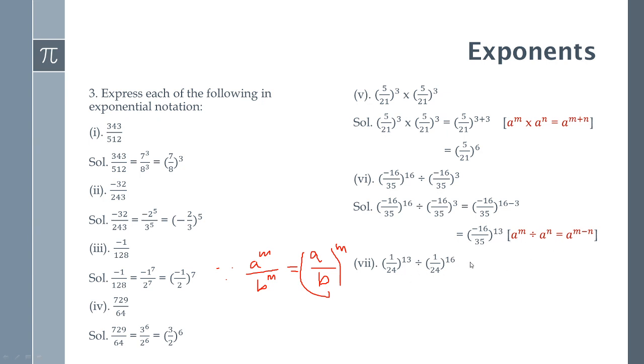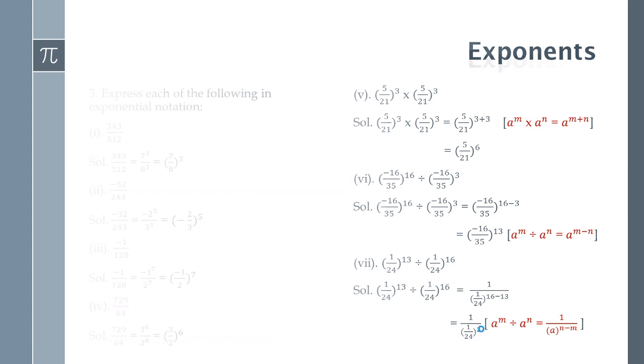Now here, 13 and 16, n is greater. Now the formula is changed. What is the formula? a to the power of m divided by a to the power of n is equal to 1 by a to the power of n minus m. That is nothing but 1 by 24 to the power of 3.